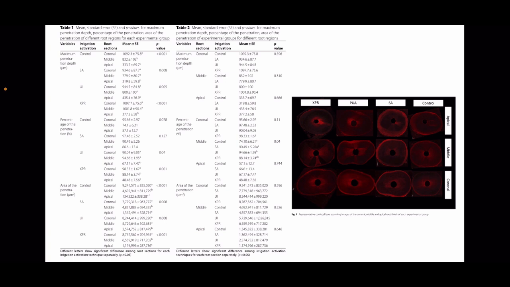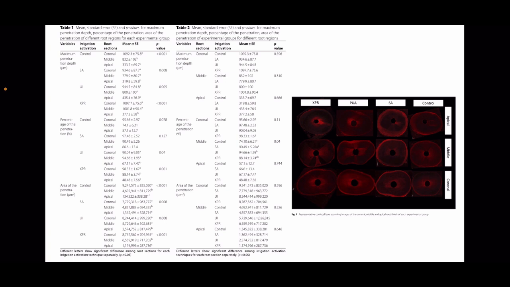root thirds, the sonic activation and control groups had no significant impact on the penetration percentage in all root thirds. In contrast, the ultrasonic irrigation and XPR groups displayed a higher penetration percentage in the coronal and middle thirds than in the apical third.